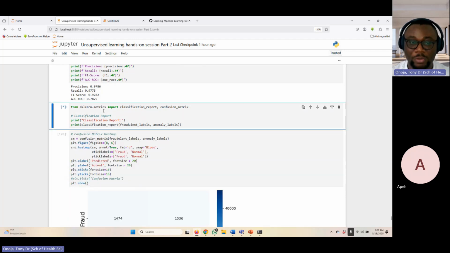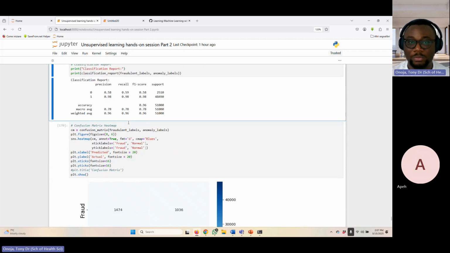Then the next thing we are going to do is to open up the classification reports to see more about what is happening. And I could tell you that the anomalies were not that great because of the imbalance in the data set. That's quite another class for another day.